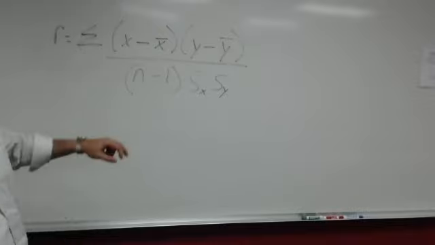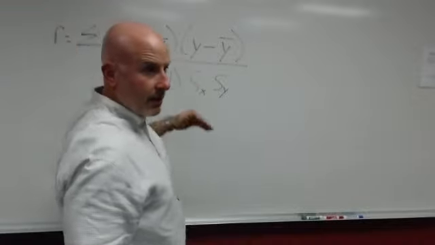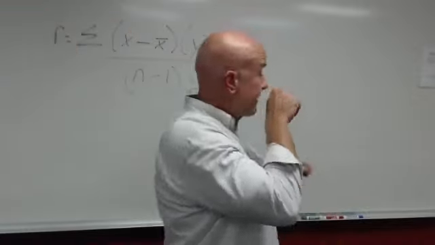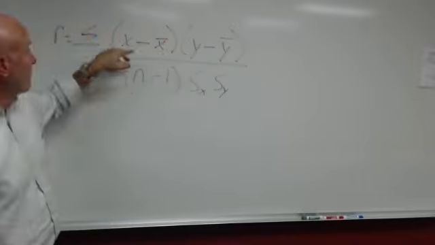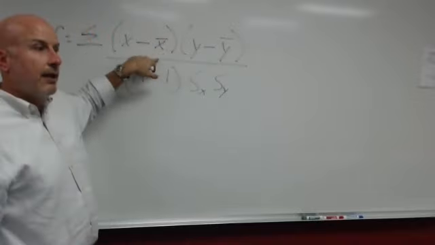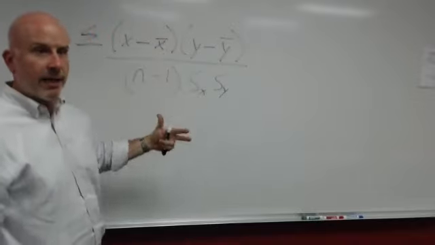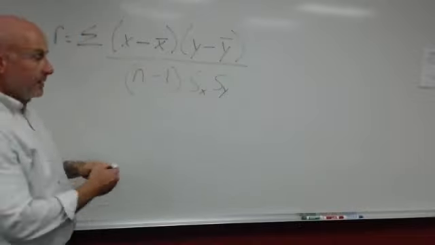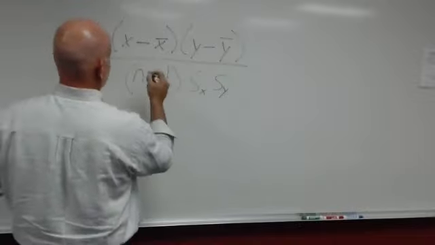Okay, let's go back and define. In this formula, there's X and X bar. So here is variable X and the sample mean from variable X. Is this my dependent or independent variable?